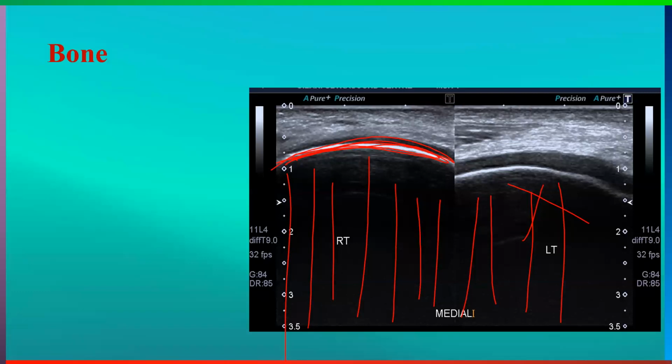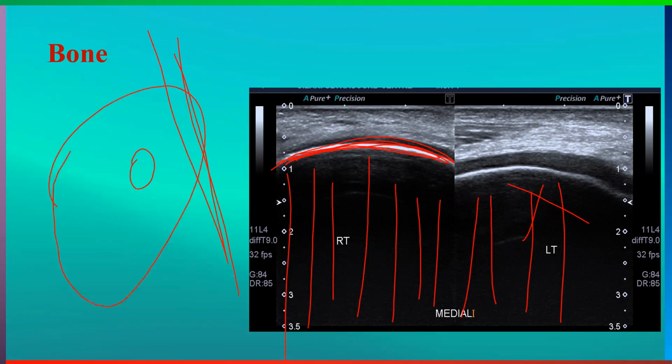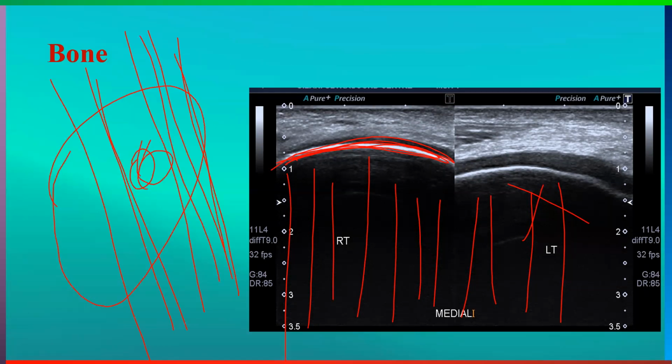But in the case of a renal stone or anything else, you can see this is a kidney. There will be a stone in it. So the surrounding tissue will have average attenuation, but the stone will have high attenuation. That's why the stone will render a posterior acoustic shadow. This part will be a shadow, and that's why you can differentiate it.